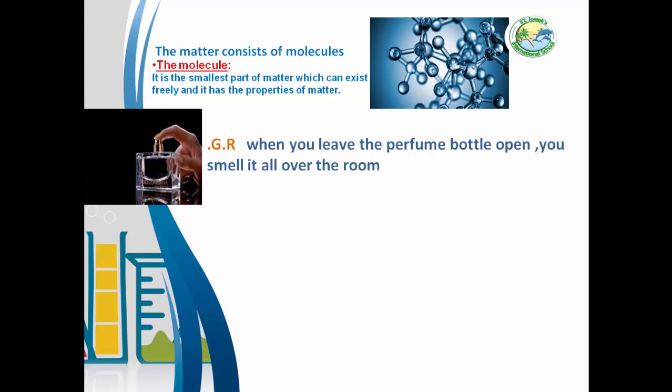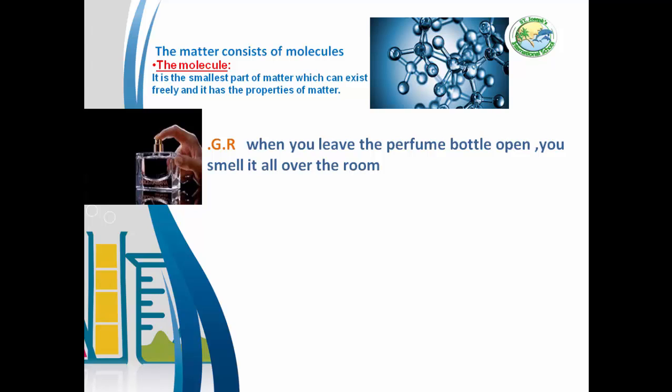And this is the first give reason today. So matter consists of smaller building units which are molecules. The molecule is the building unit that can exist freely and has the properties of matter.